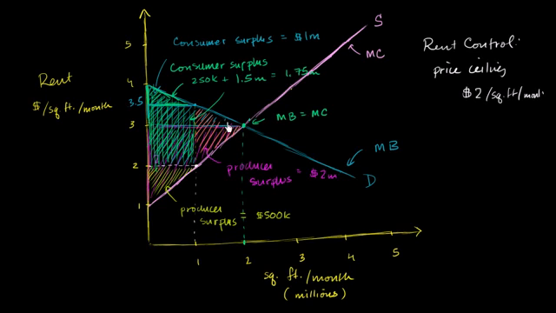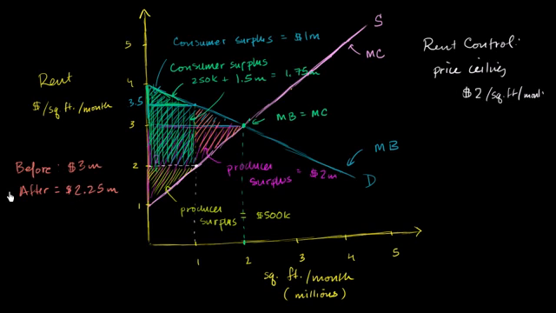And we can calculate it by looking at what the total surplus was before the rent control and what the total surplus was after the rent control. So before, the total surplus was the 2 million producer surplus plus the 1 million consumer surplus. So it was 3 million. After, it is the 1.75 million consumer surplus plus the 500,000 producer surplus, which is 2.25 million.